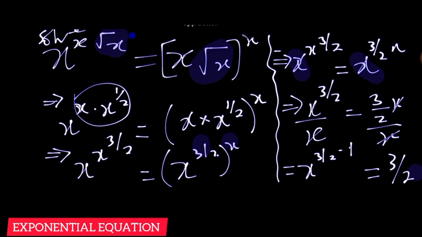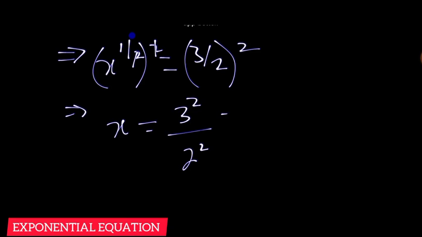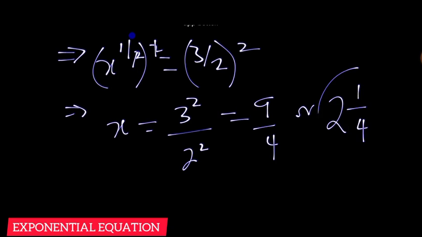So are you following? Now this left hand side is going to be x to the power 1 over 2, because 3 over 2 minus 1 gives us 1 over 2, equals 3 over 2. Therefore, what we are going to do now is square both sides. Squaring both sides, the power cancels on the left and we have x equals 3 over 2 all squared, which is 3 squared over 2 squared, so 9 over 4, or 2 whole number 1 over 4.